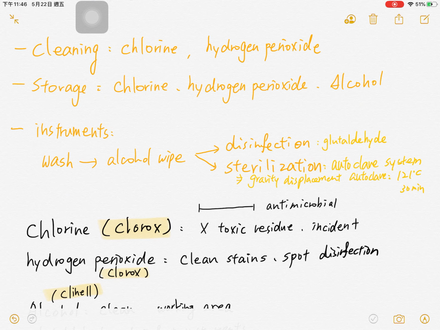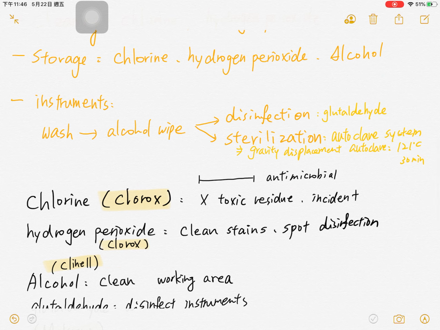So they should wash them to remove all the organic or visible materials, and then use an alcohol wipe to dry them, or remove any potential invisible materials. And then, depending on the materials, we will send them into the disinfection or sterilization process.